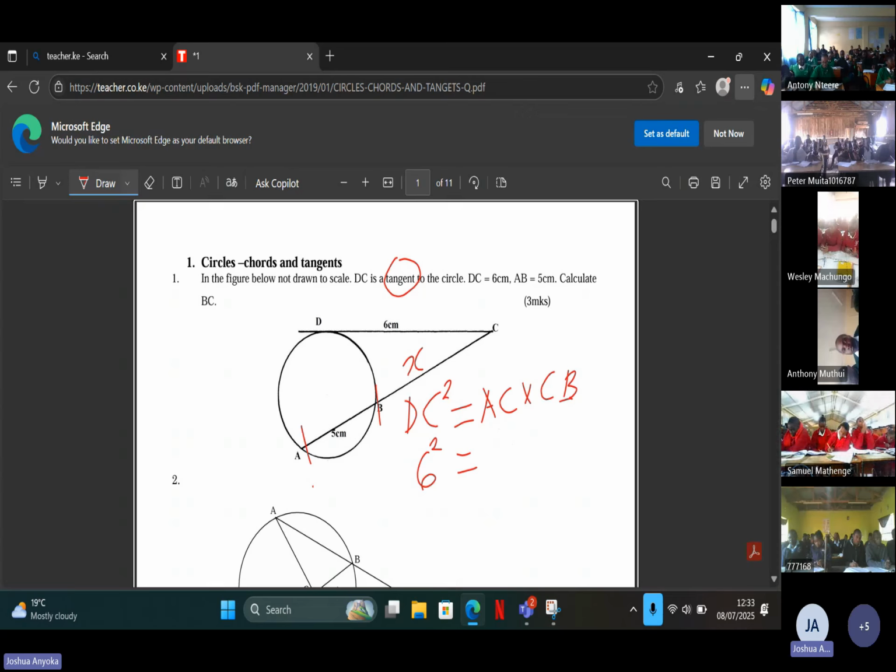From A to C would be X plus 5, and then times C to B, BC, which is X.